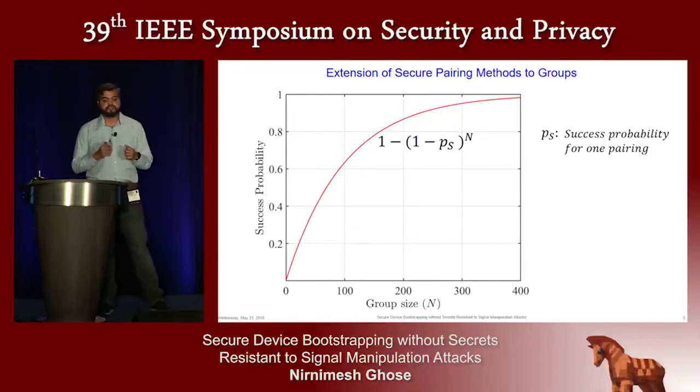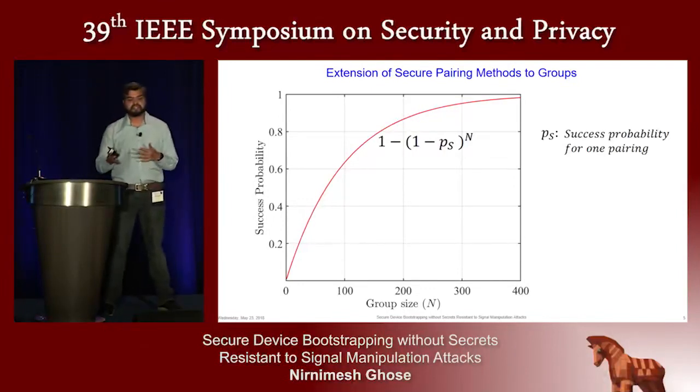For this, we fixed the probability of breaching for the adversary for a single pair to PS. And from this graph, we can observe that the success for the adversary increases exponentially with increasing group size.